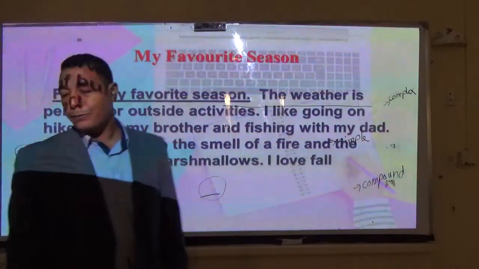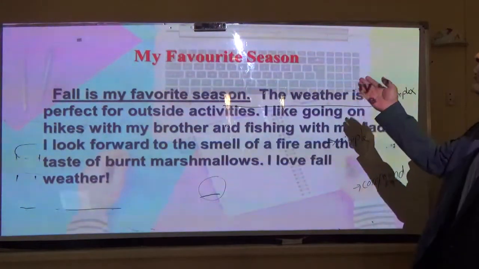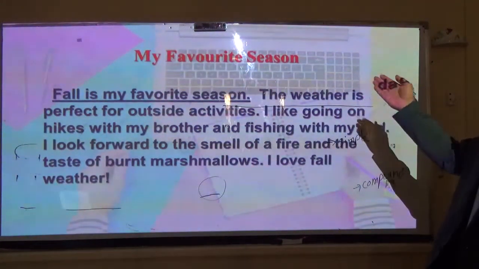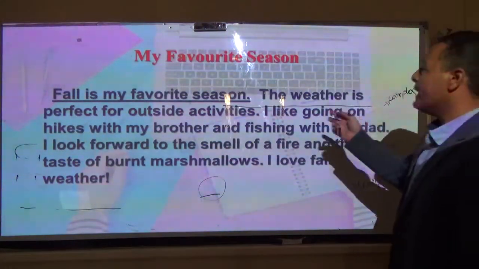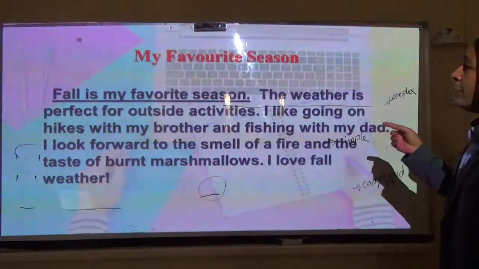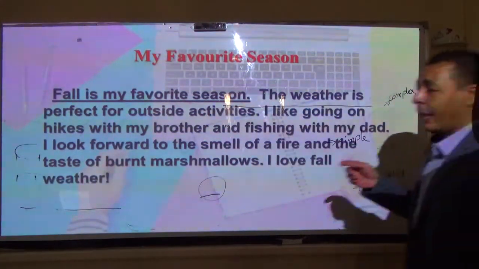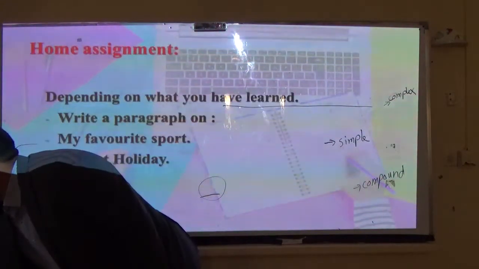This is an example. This is a paragraph. We said, what is a paragraph? A paragraph is made up of sentences. The paragraph has some parts. What is a paragraph?